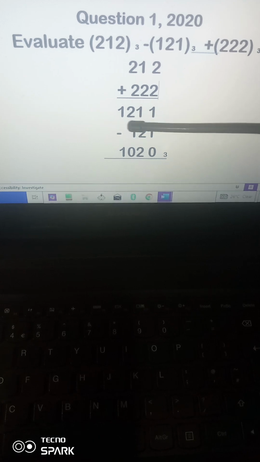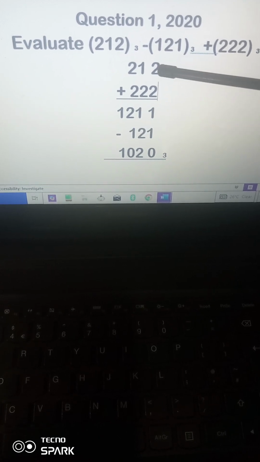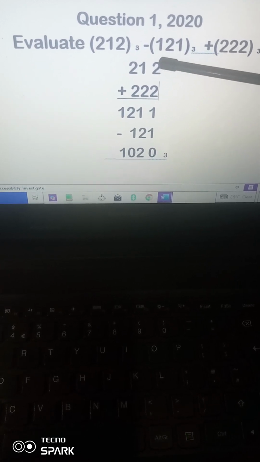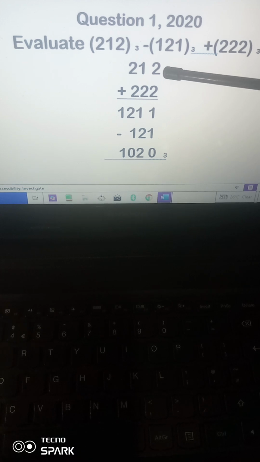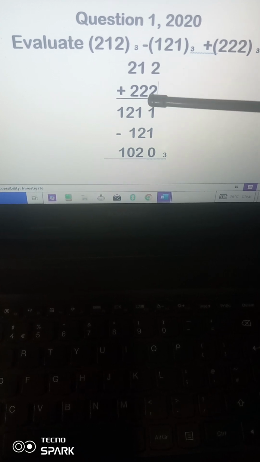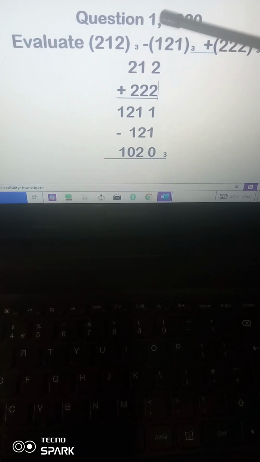212 plus 222. Now let us do the addition. It is in base 3. 2 plus 2 is 4. In base 3, we say 4 divided by 3 is 1, remainder 1. We write the remainder and carry 1.